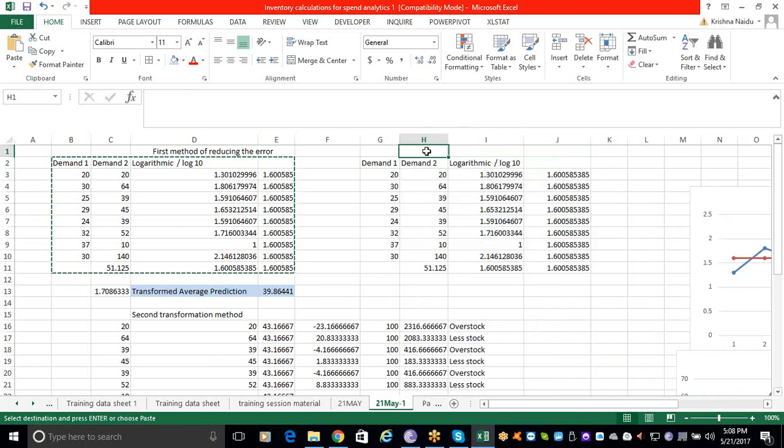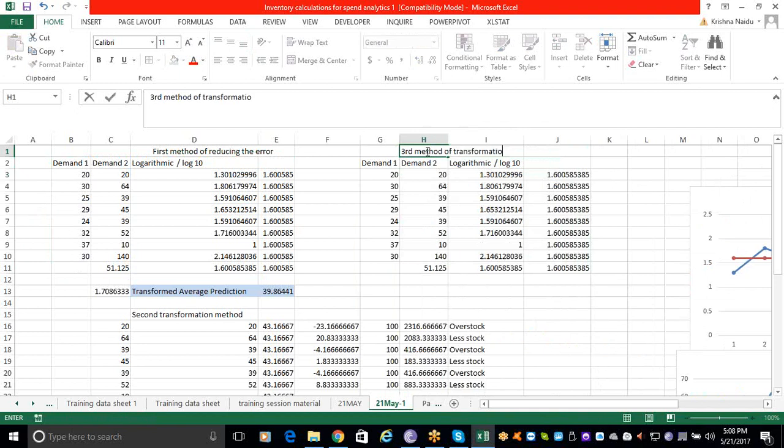Now this is the third method of transformation, clubbing first and second.